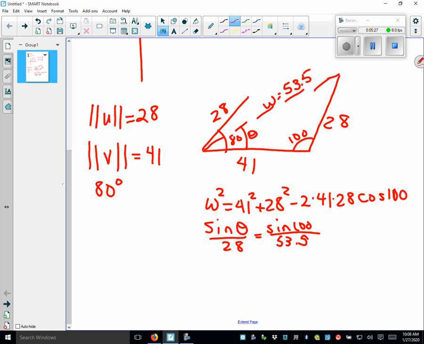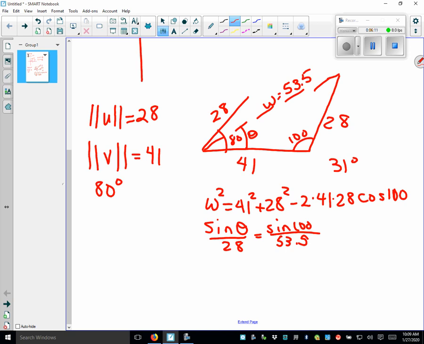What is theta? 31 degrees? Did it come out 31? Yeah, rounding, 31. 31 degrees? Right? Yes. All right.